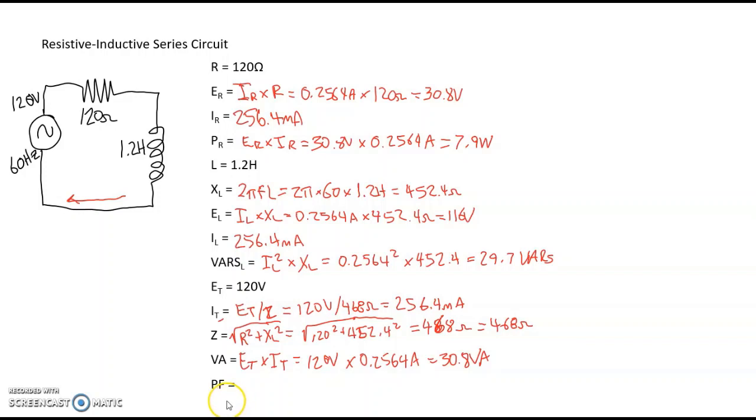Again, look at the chapter or Appendix B. The formula I'm going to use is the voltage across the resistor divided by the total voltage, 30.8 volts, which I'm getting from up here, divided by 120 volts, equals 0.257. In percentage, that's 25.7%.